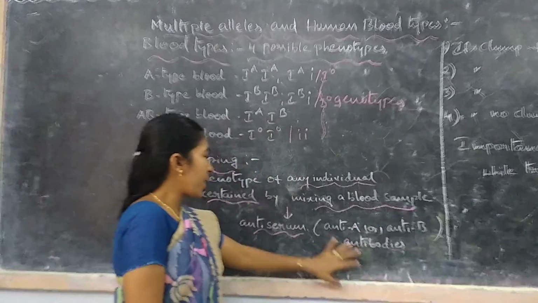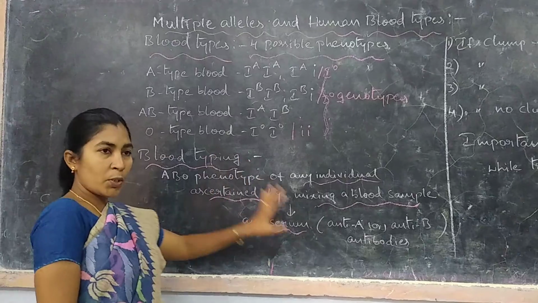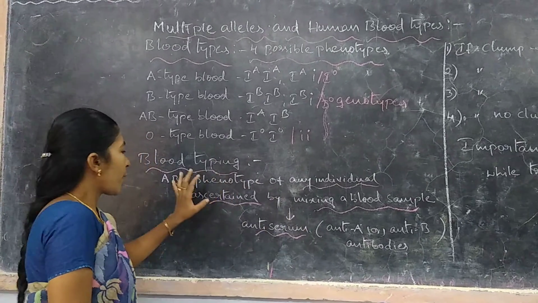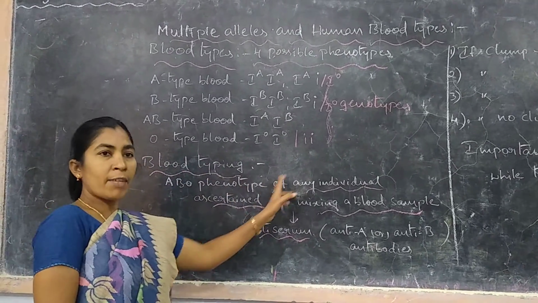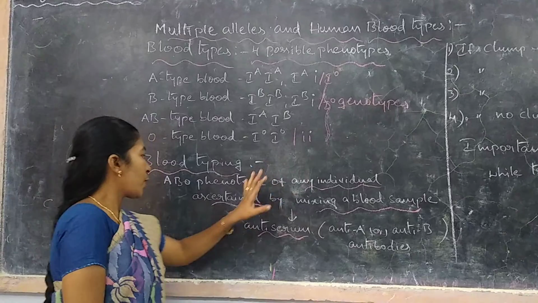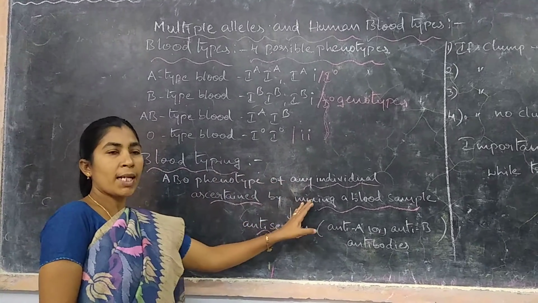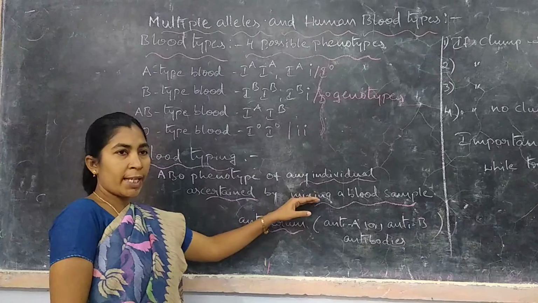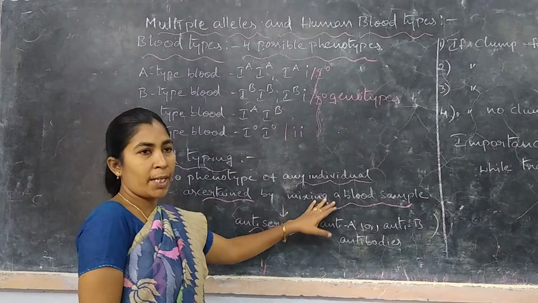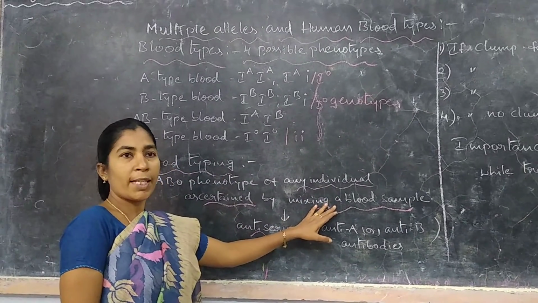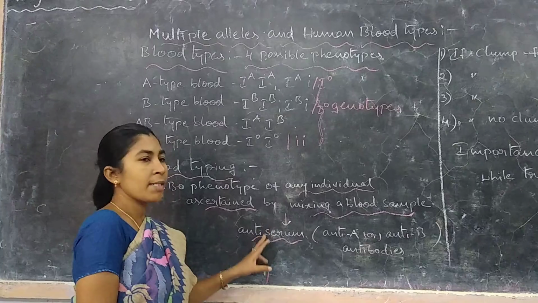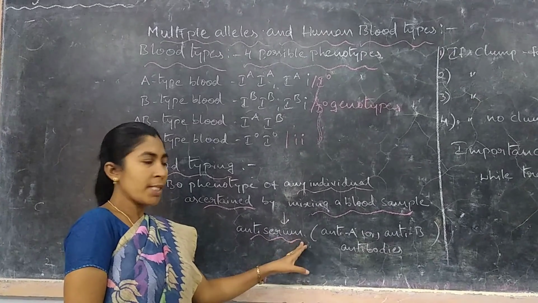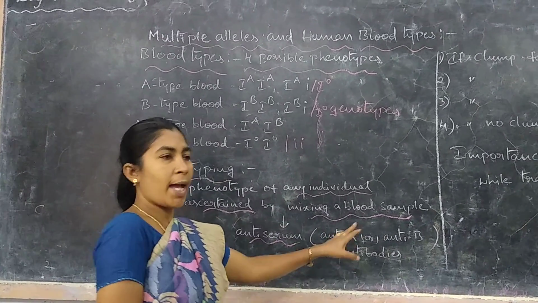So in blood typing, any one individual is ascertained by mixing a blood sample. When we take one person's blood, for example of A blood group, we mix it with antiserum, either anti-A or anti-B.